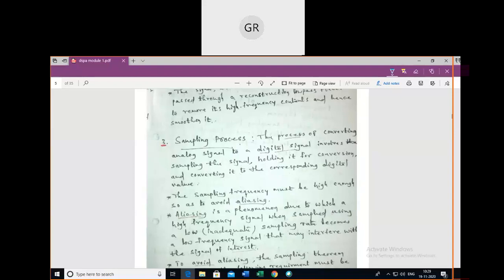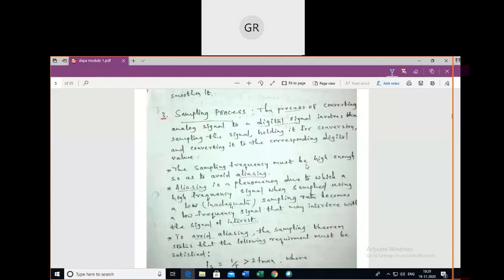The sampling frequency must be high enough so as to avoid aliasing. Aliasing is a phenomenon due to which a high frequency signal, when sampled using a low sampling rate, becomes a low frequency signal that may interfere with the signal of interest.